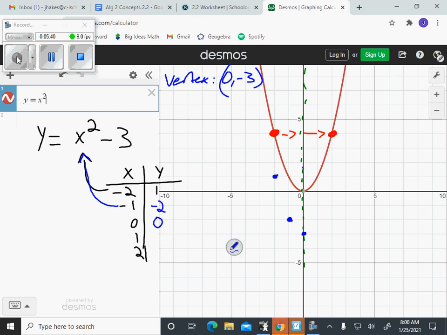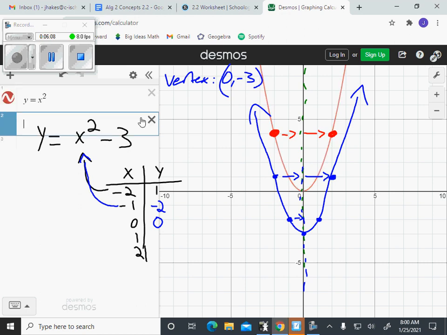Our axis of symmetry stays the same because our vertex is 0, -3. That blue dot is 2 points away from the axis of symmetry, so if I go over 2 more, that's our next point. If I go over 1 here, go over 1, and then we're back to 0. So if I were to graph that, it'd be something like that. Okay? We can check our work, we can type it in.